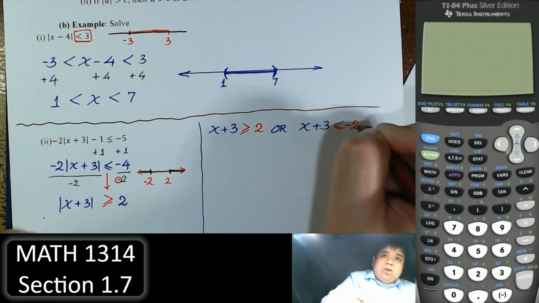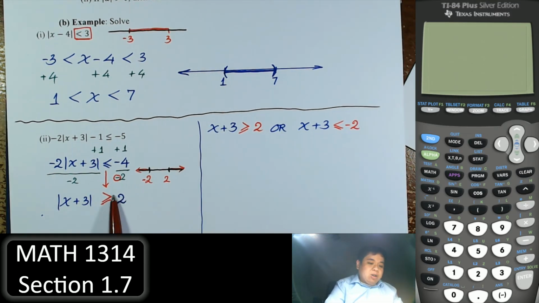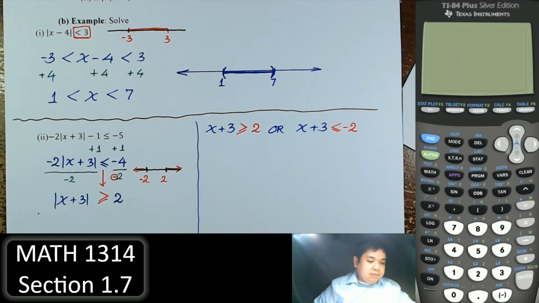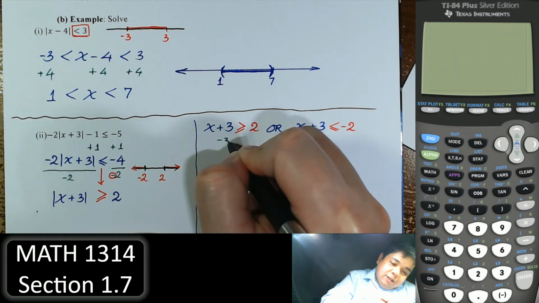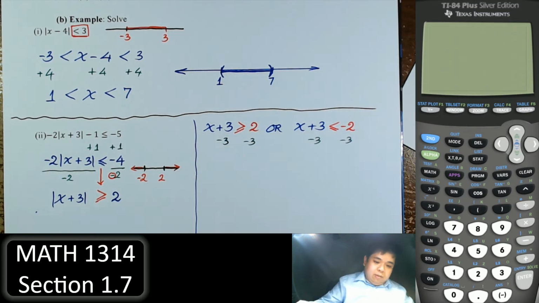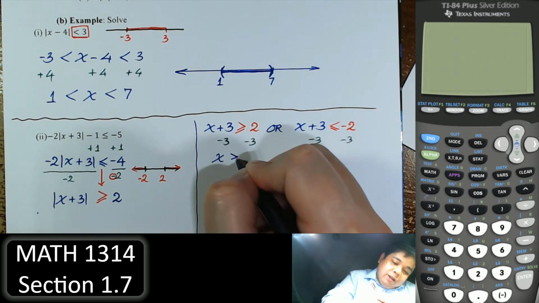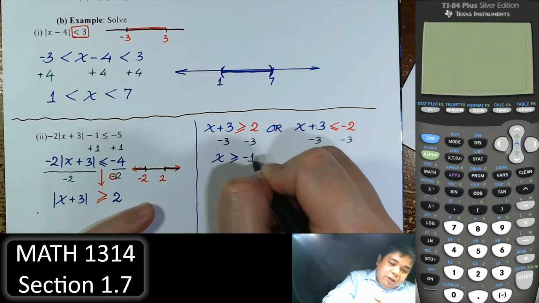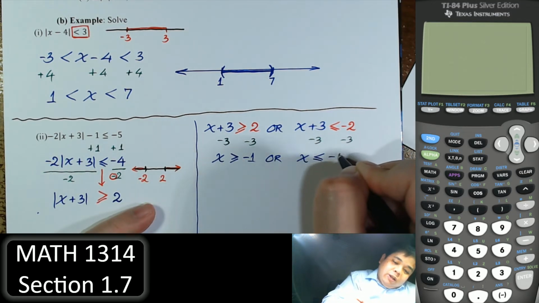So when it is greater than, we're going to have greater than the positive, less than the negative. By the way, it works because we have a positive number here. Right? Now we just solve for x. So we have x greater than or equal to -1, or x less than or equal to -5.